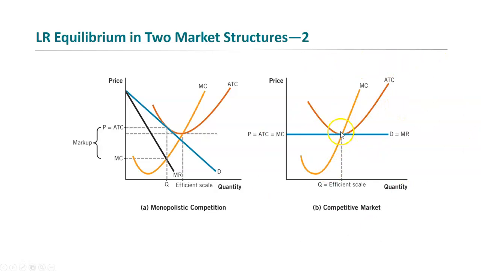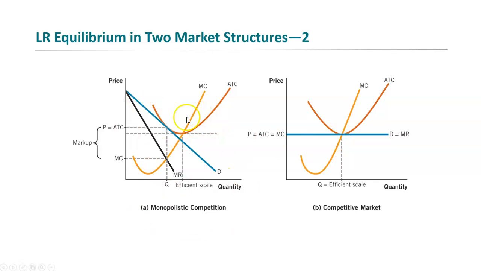But notice in the competitive market, when we're producing at a level where marginal revenue equals marginal cost, in the long run, we will be producing at the bottom of the average total cost curve. We will be producing at efficient scale, which is also the place where supply, if you remember, marginal cost equals supply, and demand cross, where the market is efficient, right?